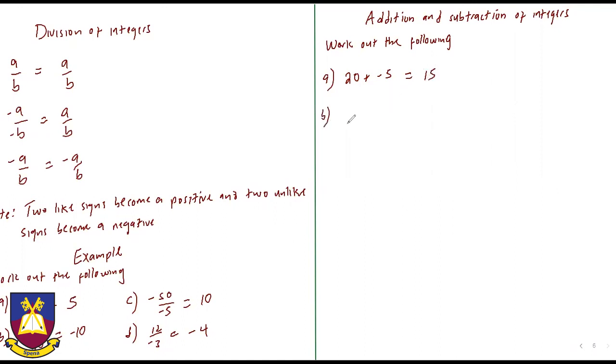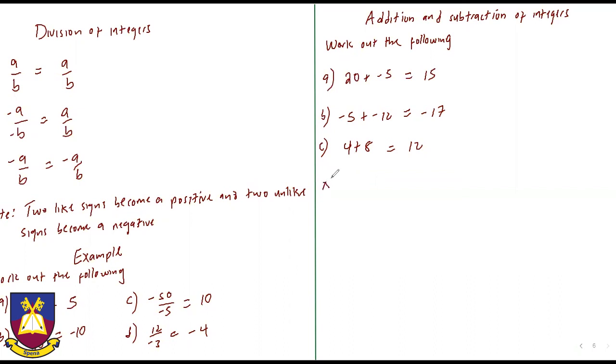If I have negative 5 plus negative 12, when you add two negatives, you get a negative. So the answer is negative 17. Then when we have positive 4 plus positive 8, the answer is a positive. When we add a positive and a positive, we get a positive. When we add a negative and a negative, we get a negative.